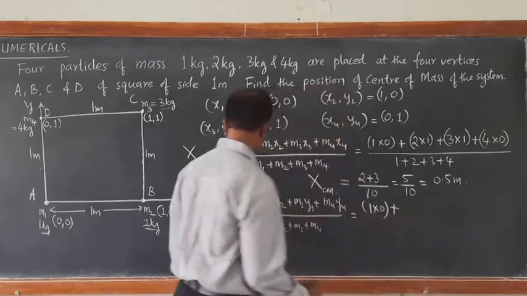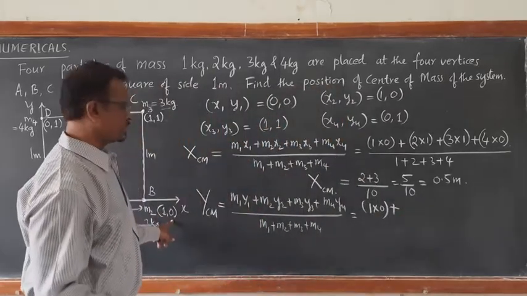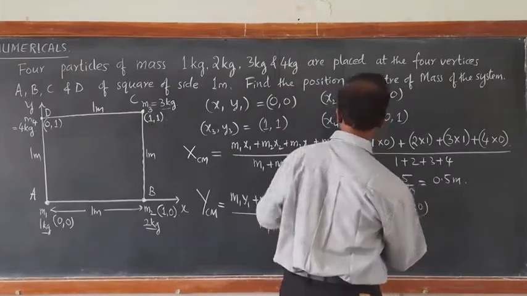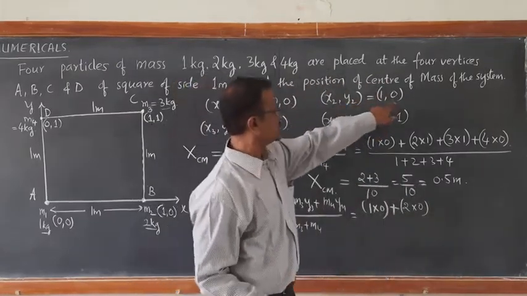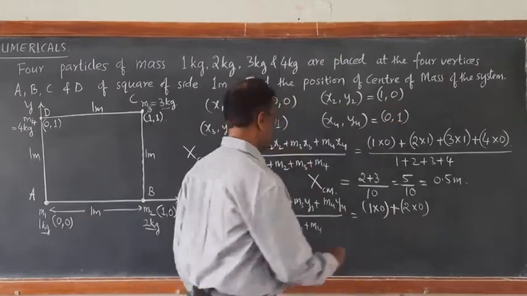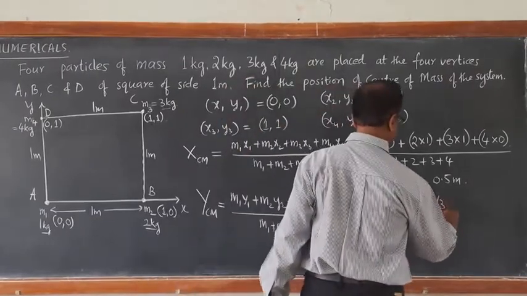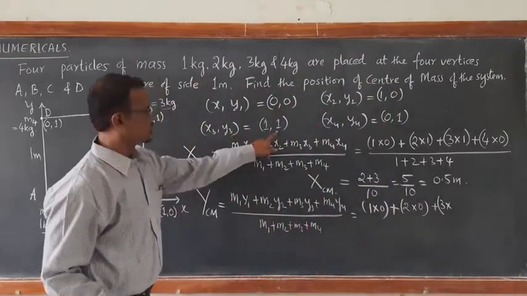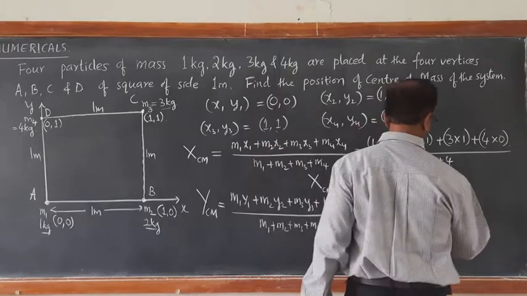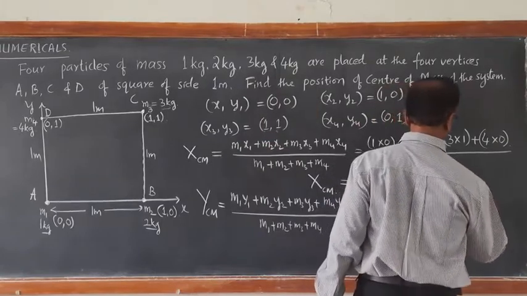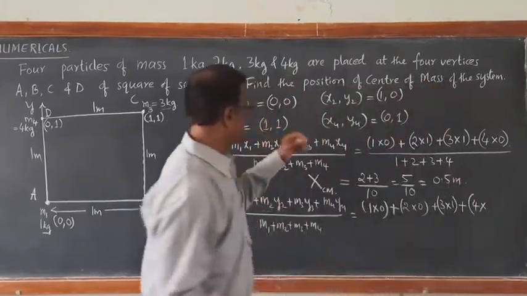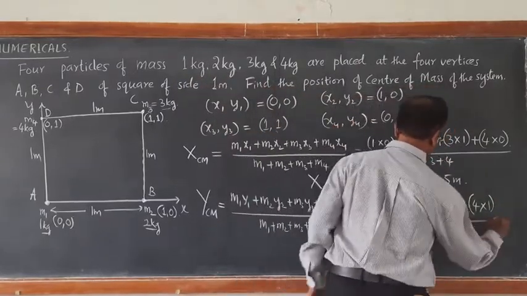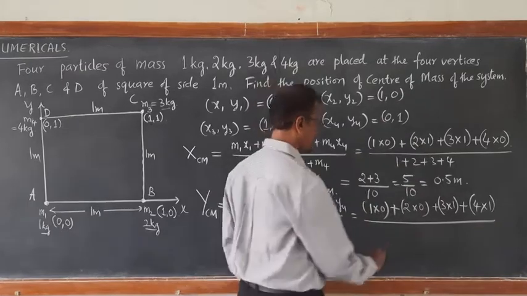same, plus 2 into y coordinate, which is again 0, 2 into, you can refer here also, 2 into y coordinate is again 0, plus 3 kg, M3 is 3, 3 into y3 is 1, plus 4 into y4 is again 1, whole divided by, already we got 10.